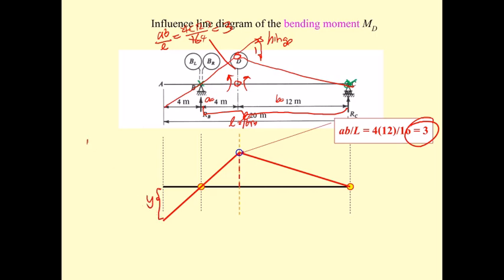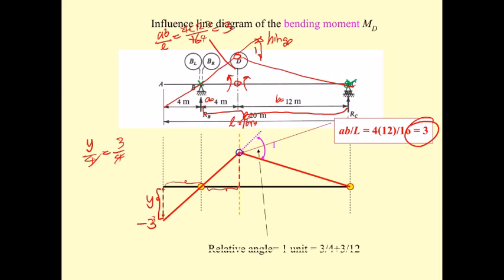By similar triangles, y over 4 equals 3 over 4, so y equals minus 3. Okay, we have one radian rotation here, and this is going to be the proof of that.